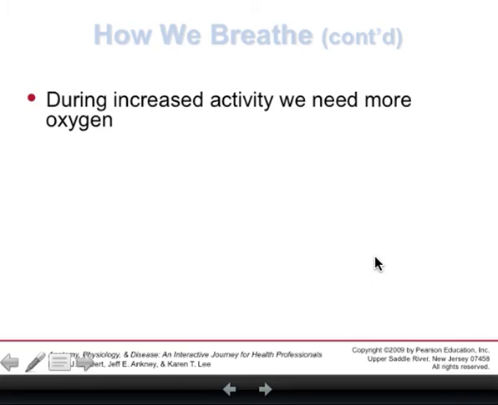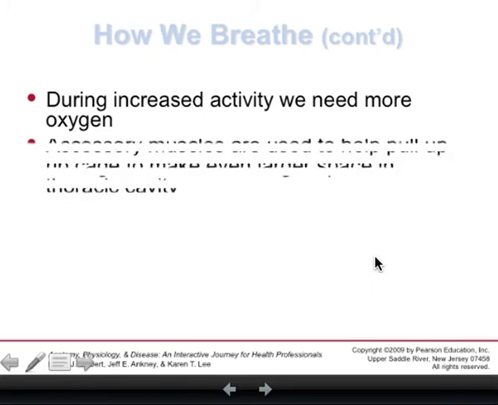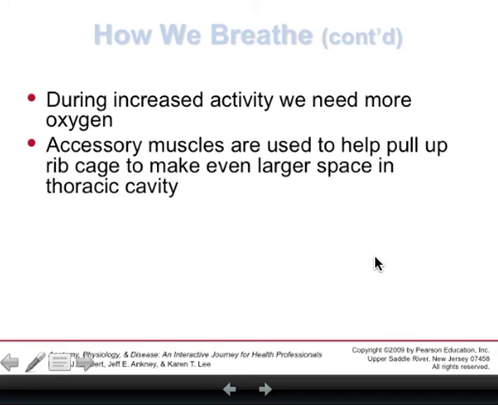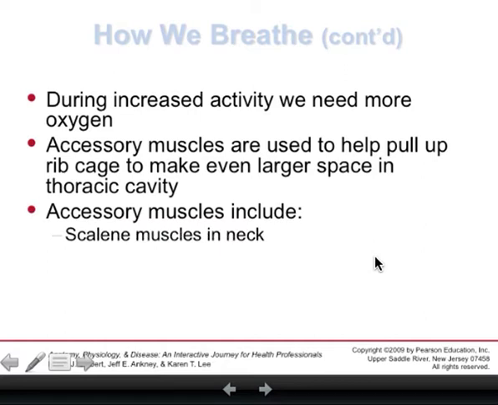Okay, during increased activity we need more oxygen. The accessory muscles are used to help pull up the rib cage and make the thoracic cavity even larger, so we can bring in more air with each breath. The accessory muscles include the scalenes in the neck, the sternocleidomastoid. Remember that that's the muscle that attaches to the mastoid process at the posterior base of the ear, the sternum in the anterior aspect, and the clavicle, the collarbone.